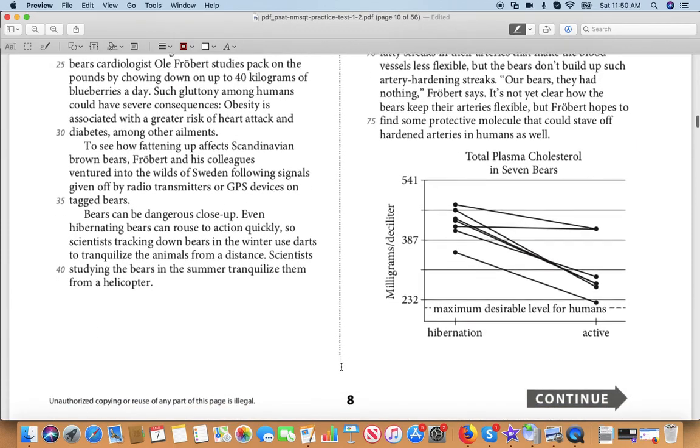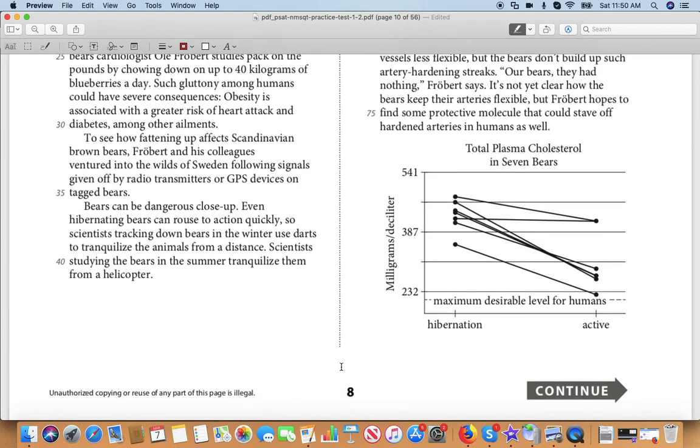What is the title of the graph? I don't see it. Is my video lagging a little bit? Yeah, just a little bit. Okay, there it is. It is the total plasma cholesterol in 7 bears. Okay. Total plasma cholesterol. So the y-axis is milligrams per deciliter.